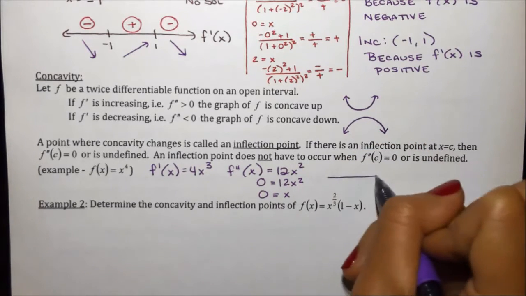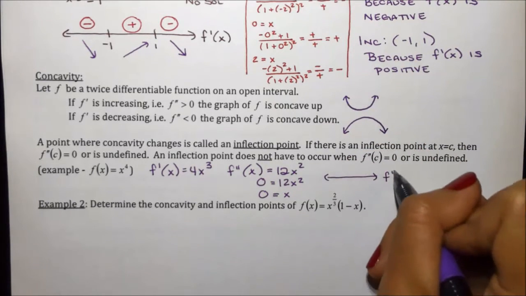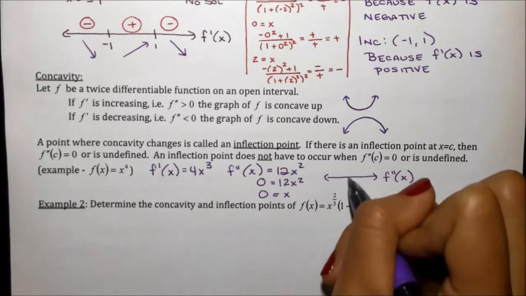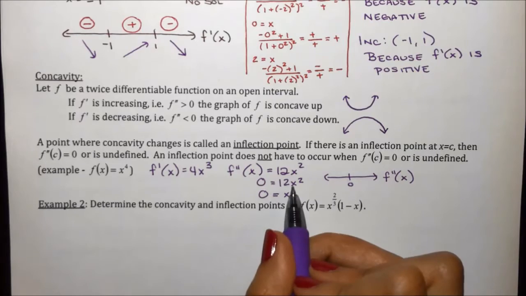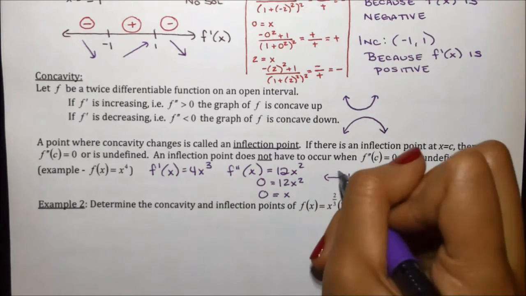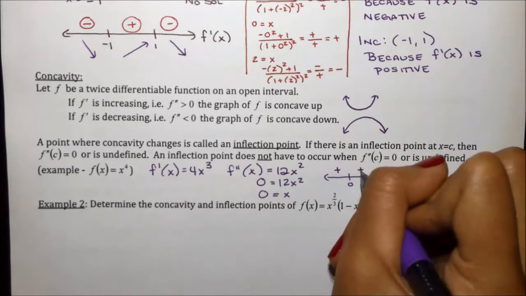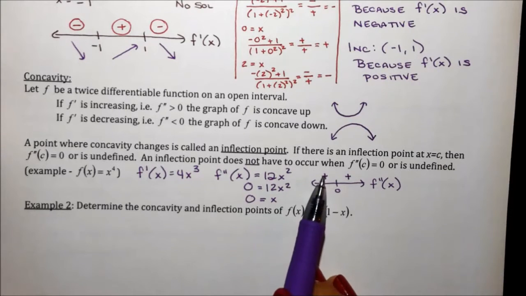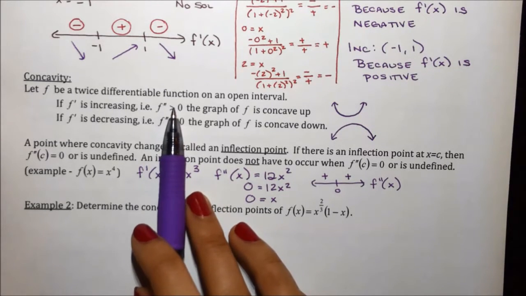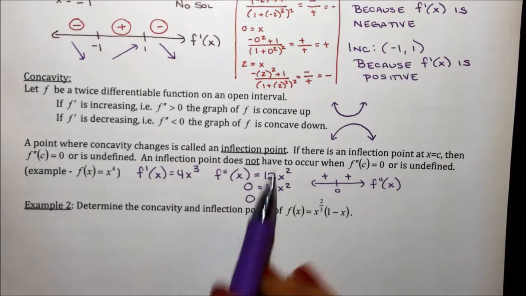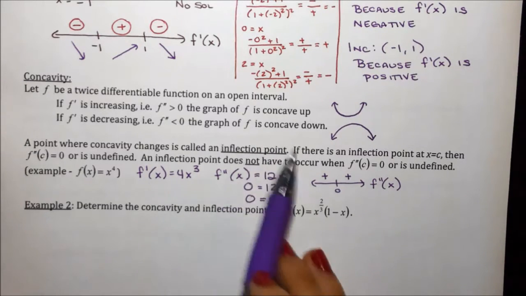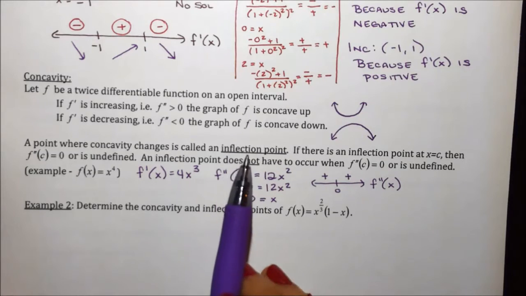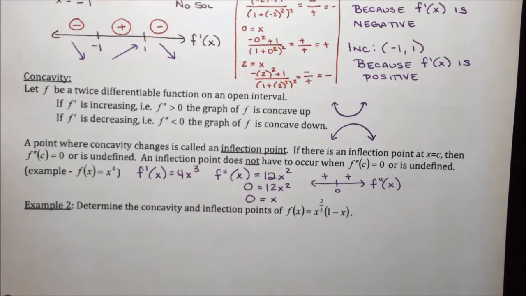But if I did a number line with the second derivative at 0, and I plugged in -1 in here and 1 in here, I'm going to get a positive number and a positive number. So the second derivative stays concave up, then zeroes out, and then goes concave up again. That is not an inflection point. An inflection point has to change concavity.